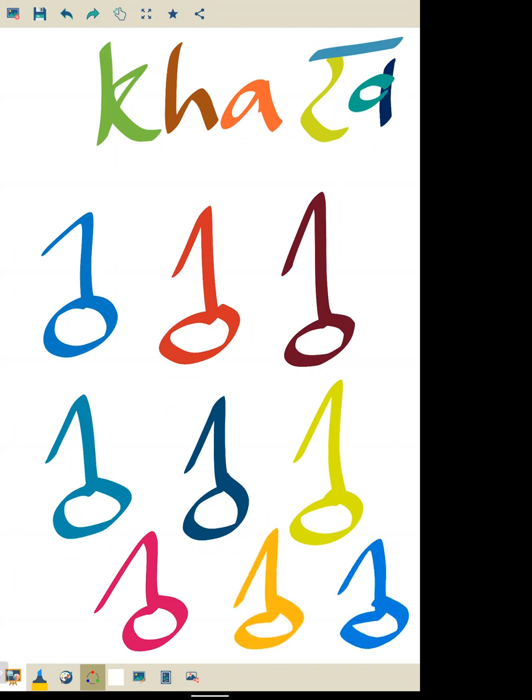The first one is kha. Second one, khi with long e. Khi. Khu, khu, khe, khai, and kho.